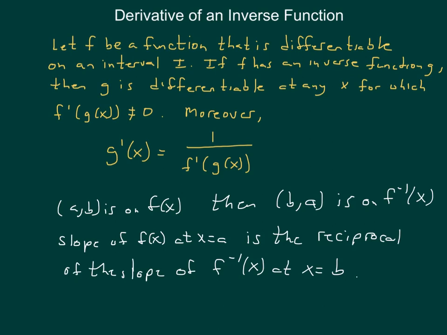At this point, I want you to pause the video for a little bit and let this sink in, okay? What this is saying and how that works, because we're going to be using that to help us find the derivatives of inverse functions moving forward.